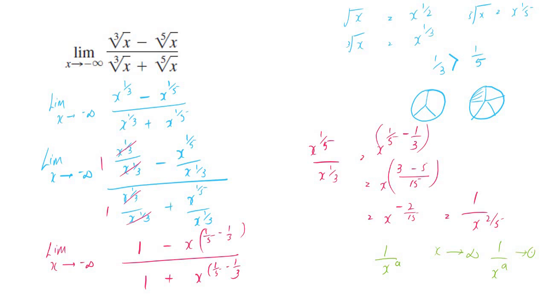So let's write this. Let me divide this like this. So we get the limit as x tends to minus infinity. We have 1 minus 1 over x to the power 2 over 5 over 1 plus 1 over x to the power 2 over 15.